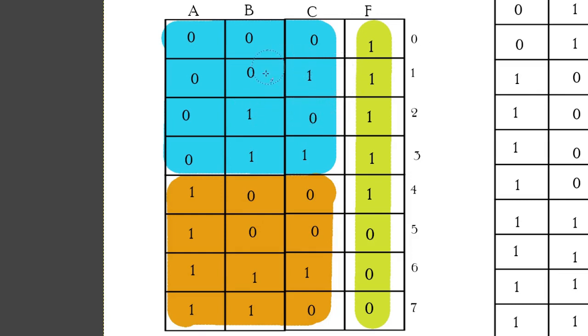The blue part we will be marking using the binary values that are stated over here, and the orange part we will be marking using the numeric values that are stated over here.